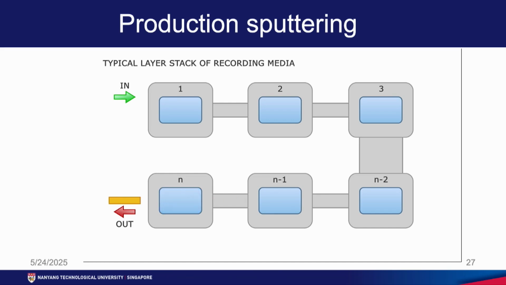All the disks go in sequence, and let us say the time taken for a disk to go from one chamber to the other is only 4 seconds, for example. Within 4 seconds the sputtering happens and the disk has moved from one chamber to another.